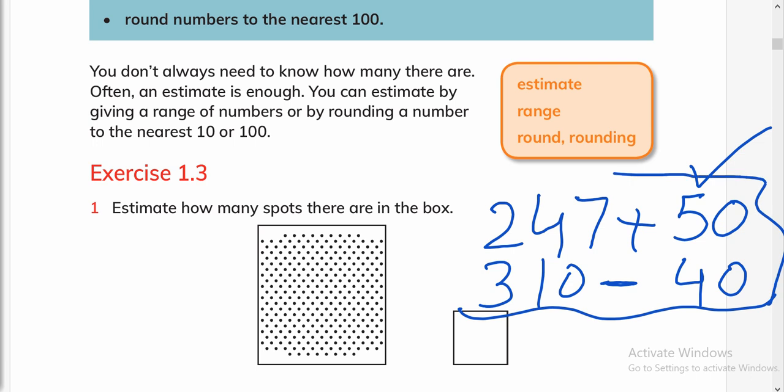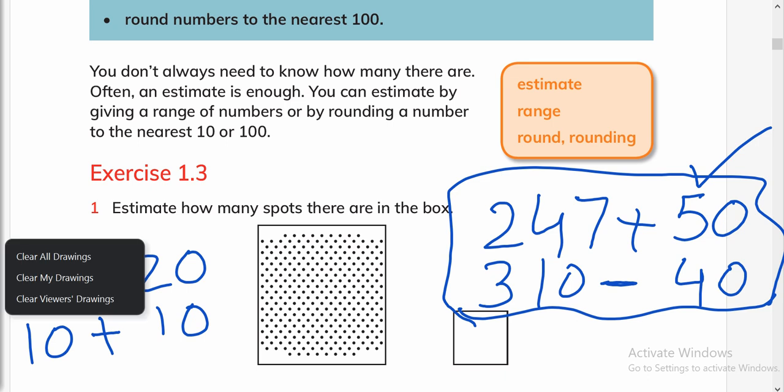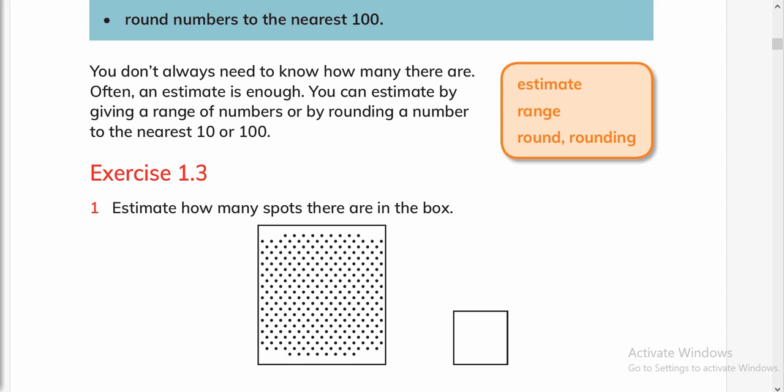Give them questions like this to the students of grade 3, and if the student is in grade 2, then give them like this: 28 plus 20. Don't take them in hundreds if the child is in grade 2. Keep telling them to keep practicing these addition and subtraction skills, and then maths will become easier for them.